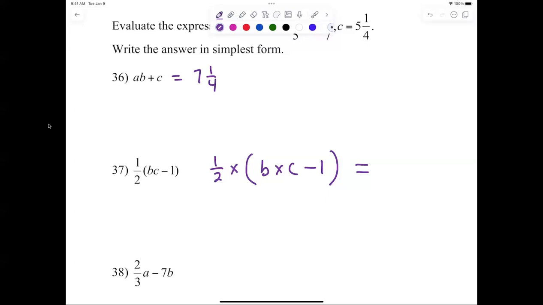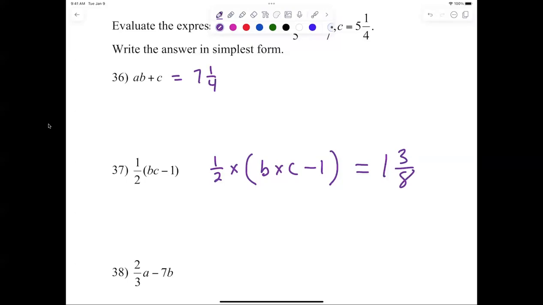Well, hold up. Let's look at 37. Type this in for me on 37. I got 1 and 3/8. Did anybody else get 1 3/8? All right, 1 3/8. I'm not saying that's correct.